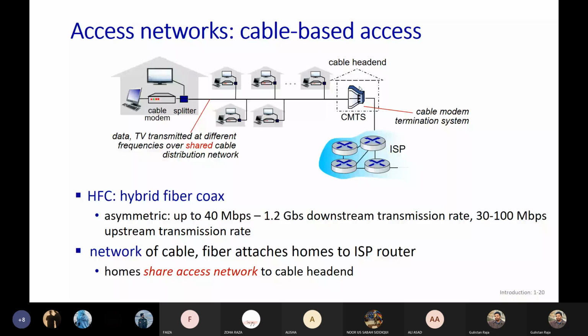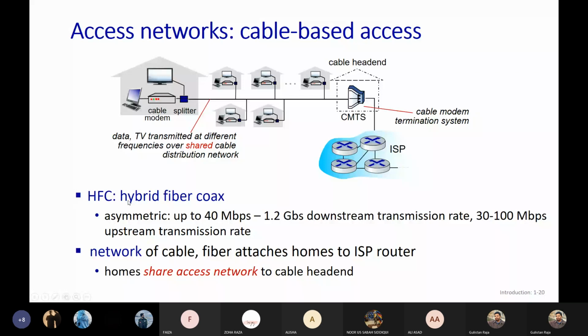Recently, your ISPs, which are providing cable-based access, are employing a hybrid kind of cable network, that from the ISP to the residential area they are using optical fiber, and within the residential areas they are using coaxial cable. This methodology is known as hybrid fiber coax, HFC.